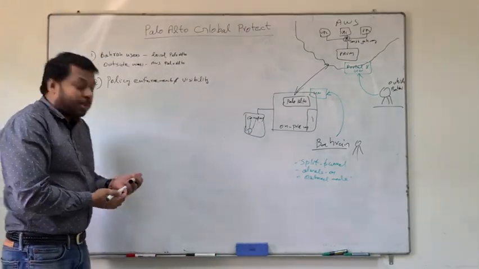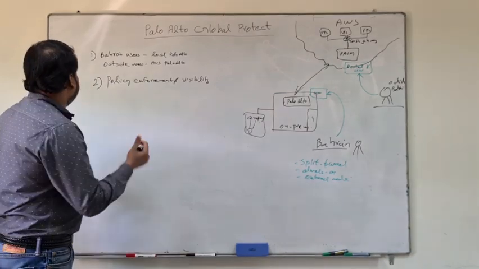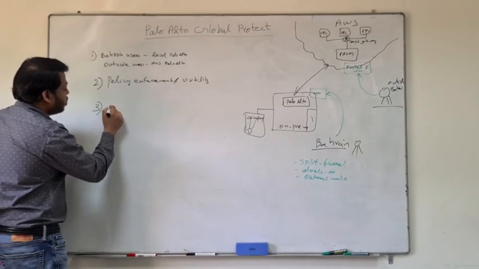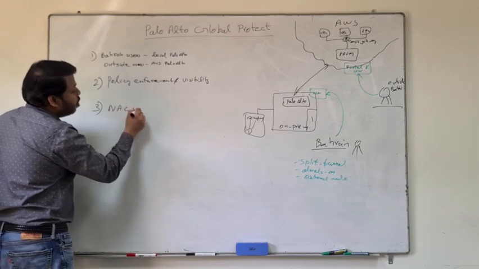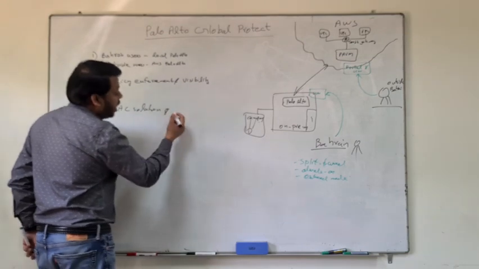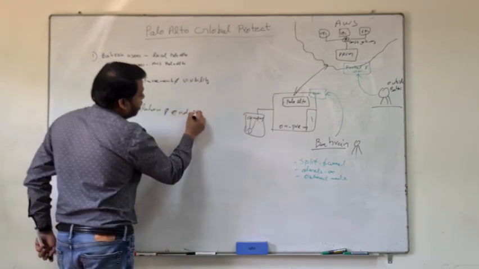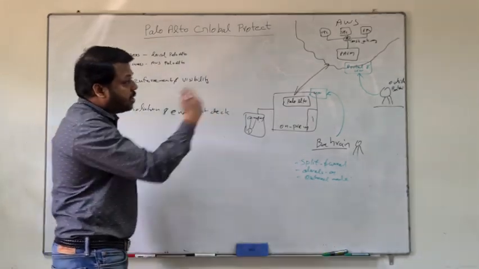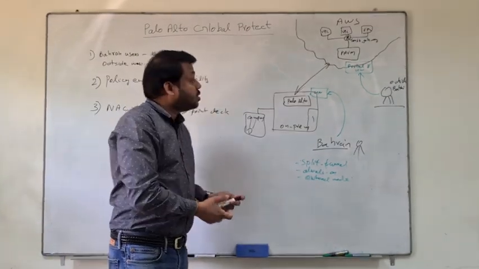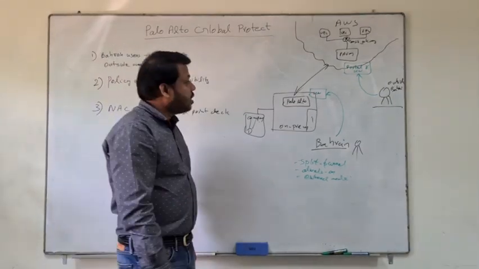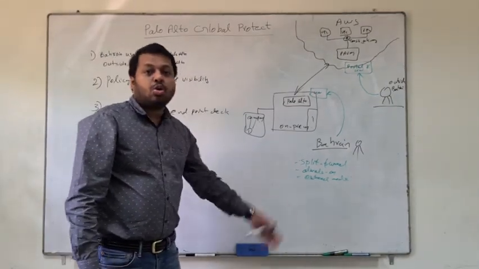And the third requirement was a kind of NAC solution, or endpoint check. As I mentioned, the customer is using very sensitive financial applications, so they want to do some checks on the user PCs.